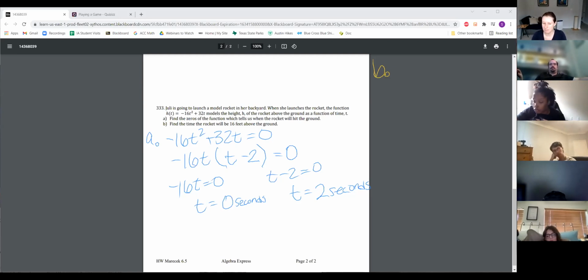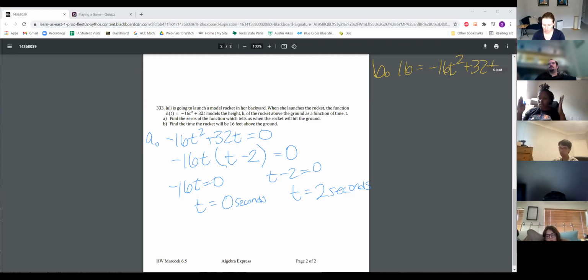I can try, but I think I got it wrong. Okay, let's try. I put the formula down. H of 16 equals negative 16t squared plus 32. Okay. You substituted it, right? Because the height is 16, right? Yes. Okay, so you just put 16. You don't need the H anymore once you know that the height is 16. Okay, cool.